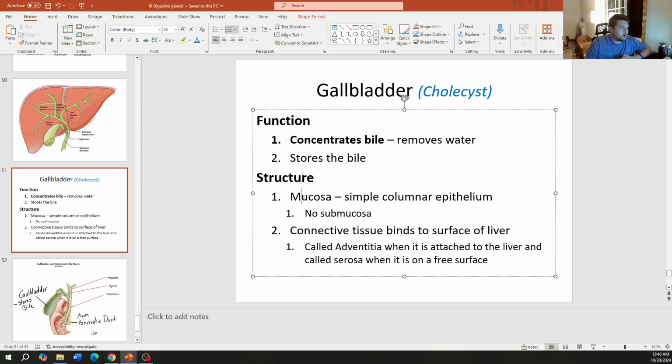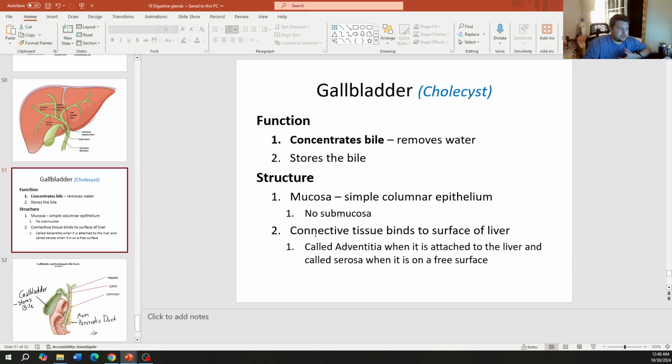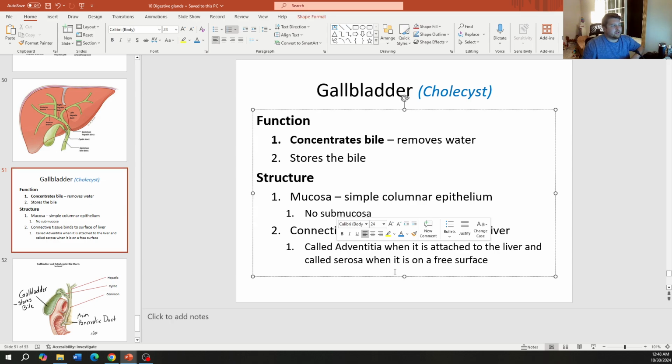It has a mucosal layer, which is made up of simple columnar epithelium, and connective tissue binds it to the surface of the liver. If it's attached directly to the liver, like these portions here, right up against the liver, we call that adventitia.